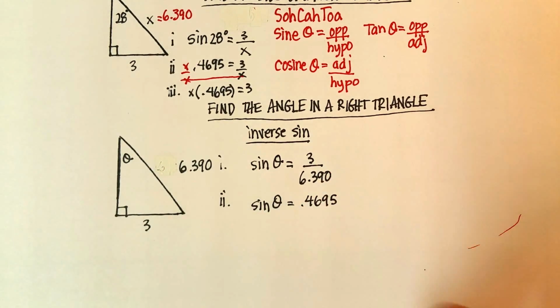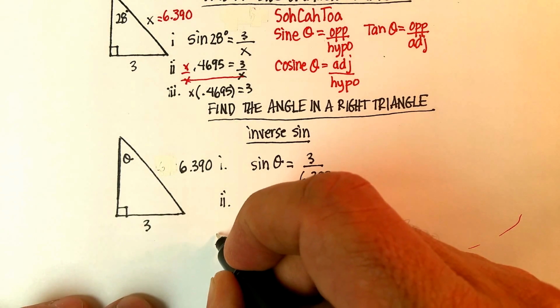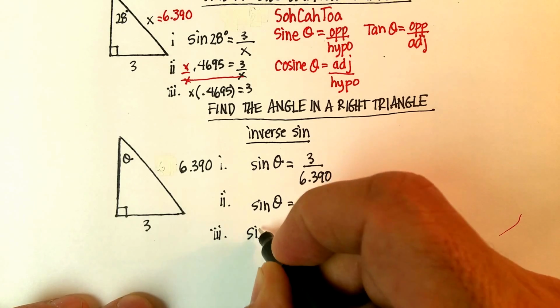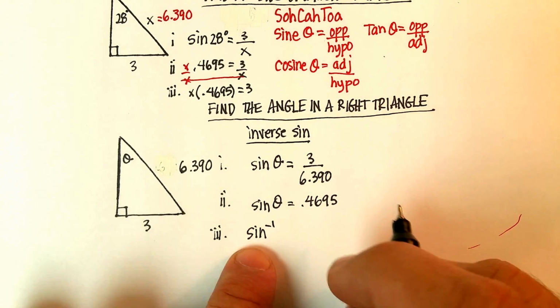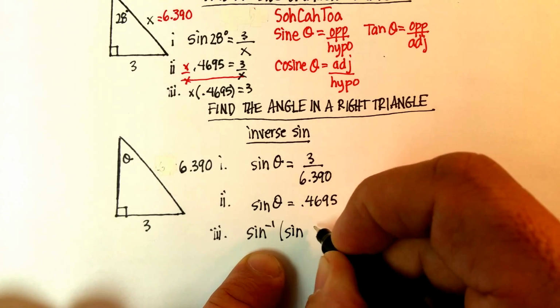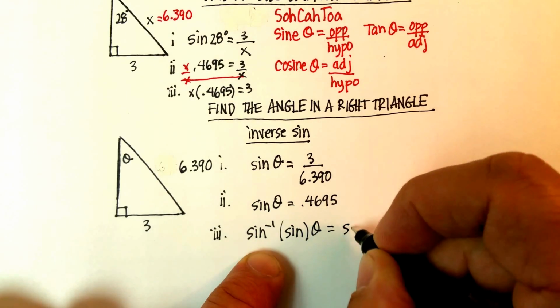Now, what I have to do here is something called the inverse function, right? And what I do is, let me show you. I'm going to rewrite this. The inverse is written like that. So I'm going to say the inverse of sine theta, and I'm going to put that on both sides.